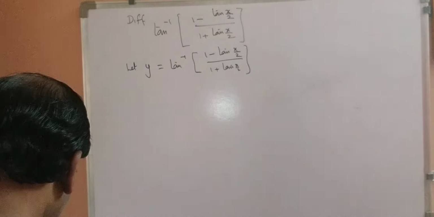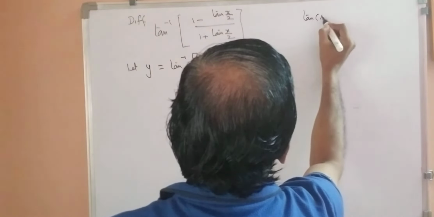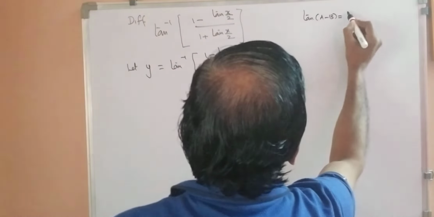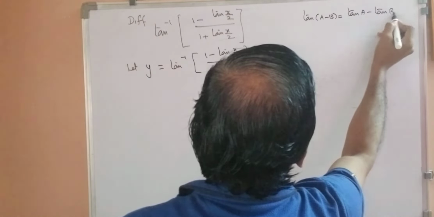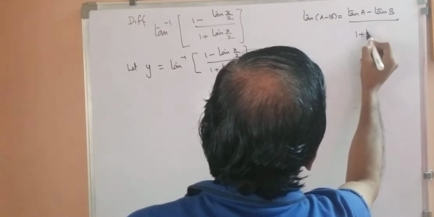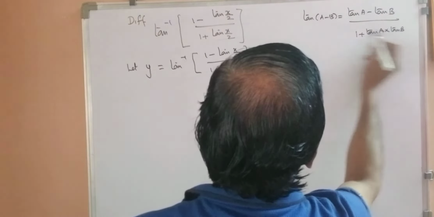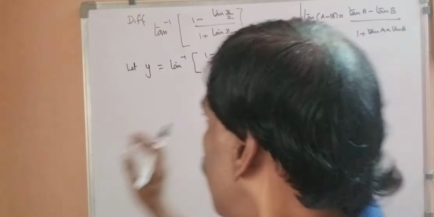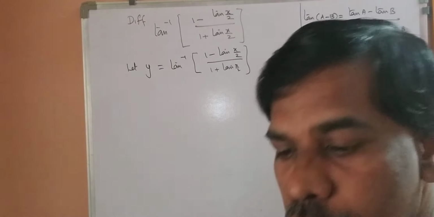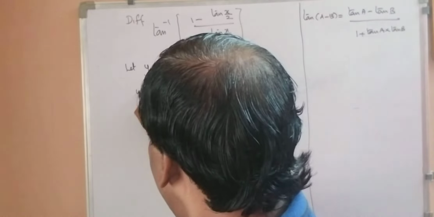Now one formula is there: tan(a minus b) equal to (tan a minus tan b) upon (1 plus tan a into tan b). That means if you have got it in this form, you can write tan(a minus b). So I am going to write in that form.